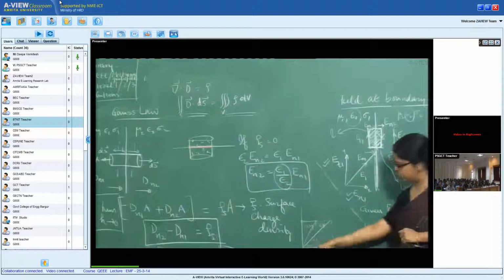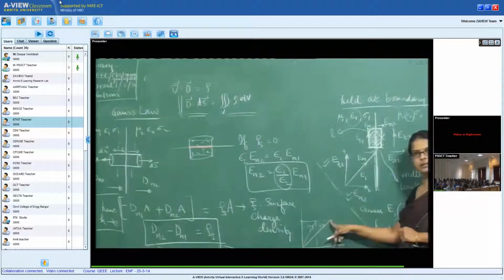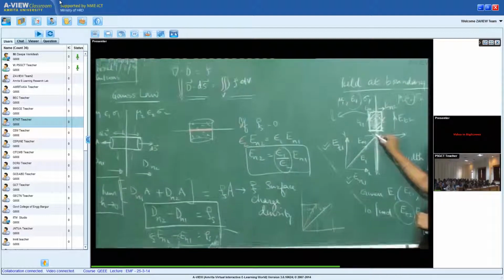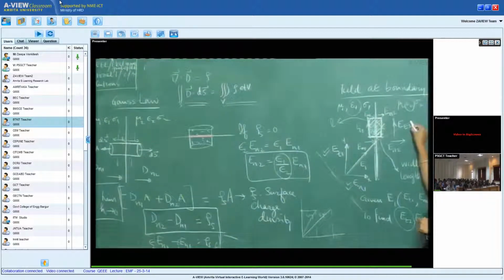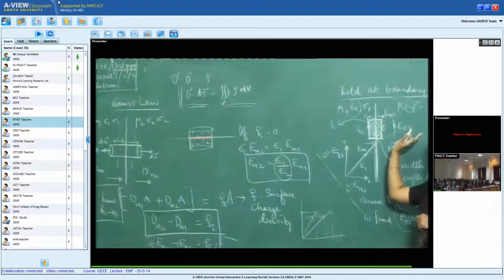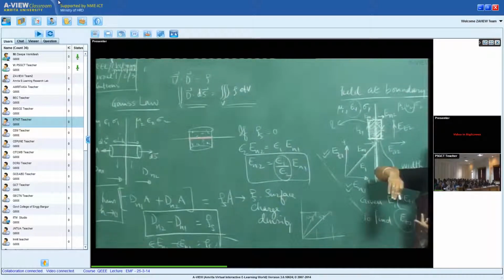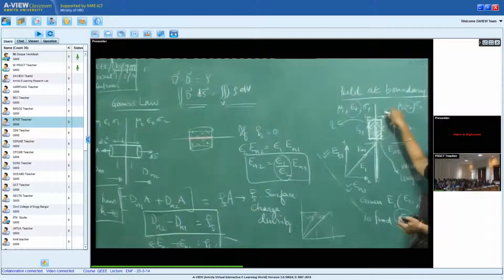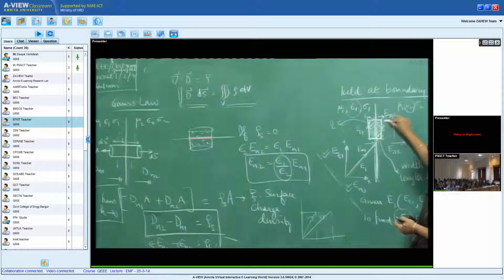That can happen only when it is like this, which means with respect to my original E vector, this vector has to bend this way. Whereas if I have the other way around, this is smaller and this vector is larger, it should have something like this, where the normal component is smaller.